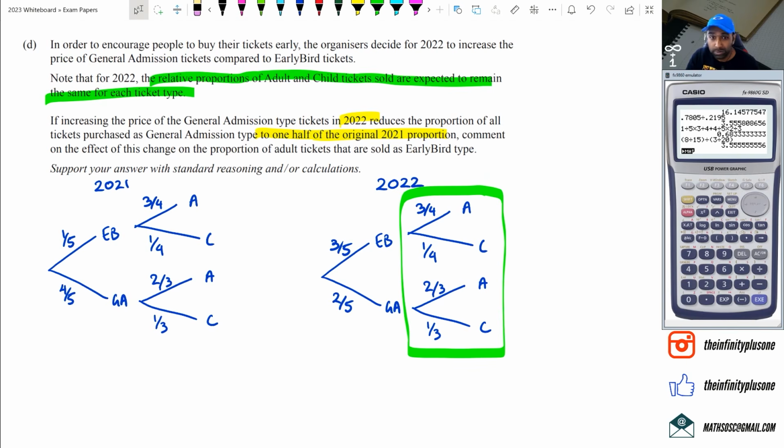Now you might be wondering which probability we are actually trying to figure out. If you have a look at it, it says the proportion of adult tickets that were sold as early bird. So basically what we're looking for is the probability of early bird given that it's an adult that purchased it.